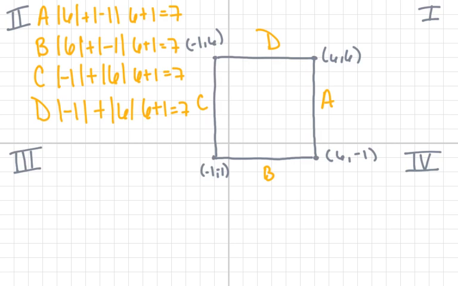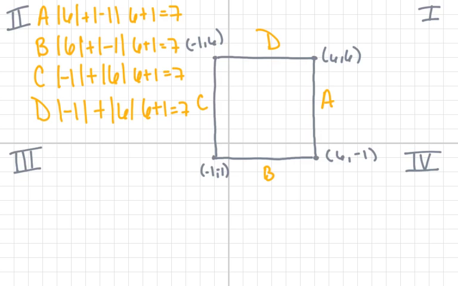So we have that side A is the absolute value of 6 plus the absolute value of -1, which is 6 plus 1, which equals 7. Side B, absolute value of 6 plus the absolute value of -1, which becomes 6 plus 1, which equals 7. Side C, the absolute value of -1 plus the absolute value of 6 is equal to 6 plus 1, which equals 7.